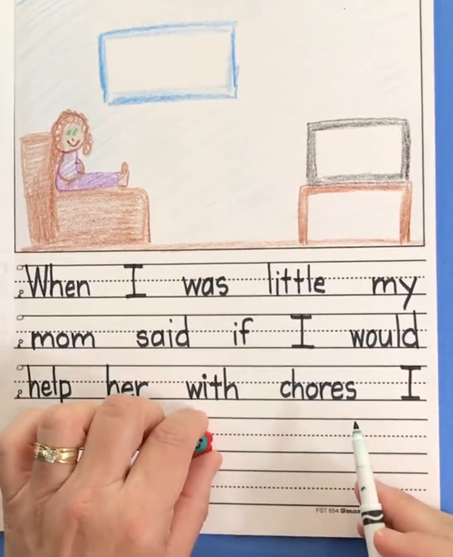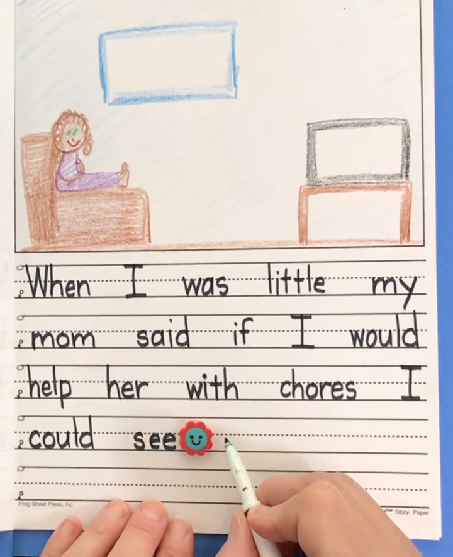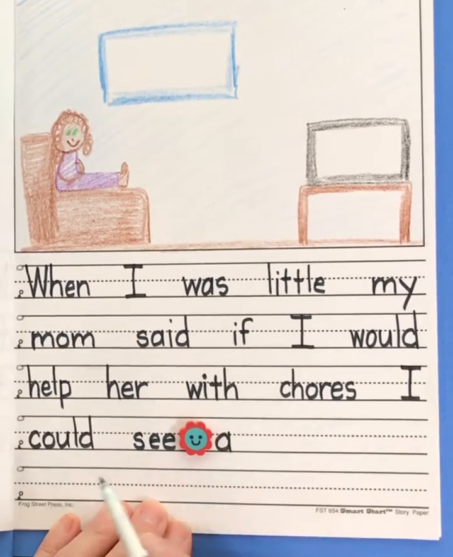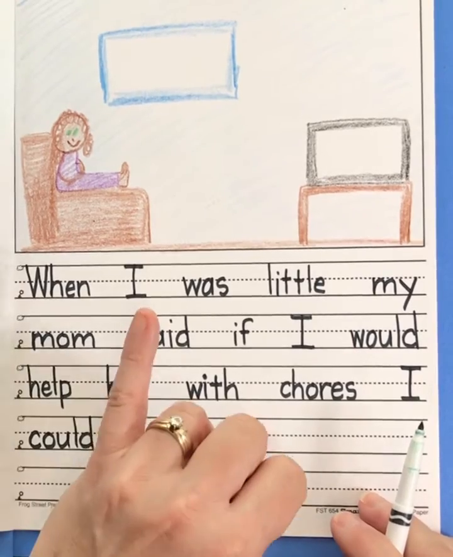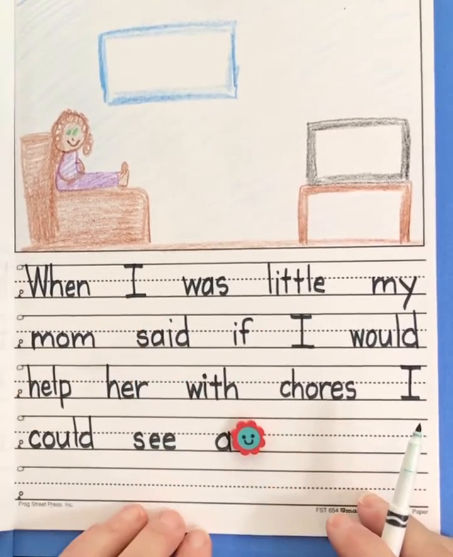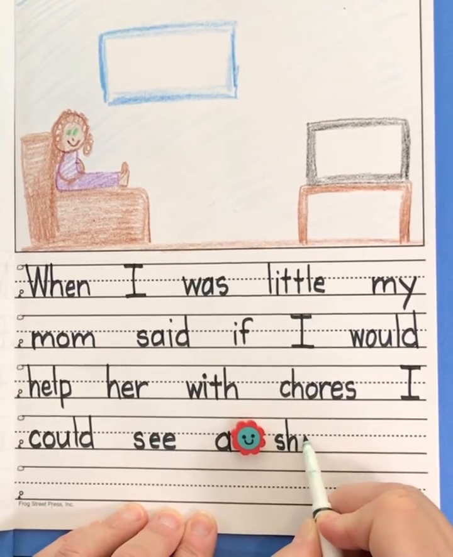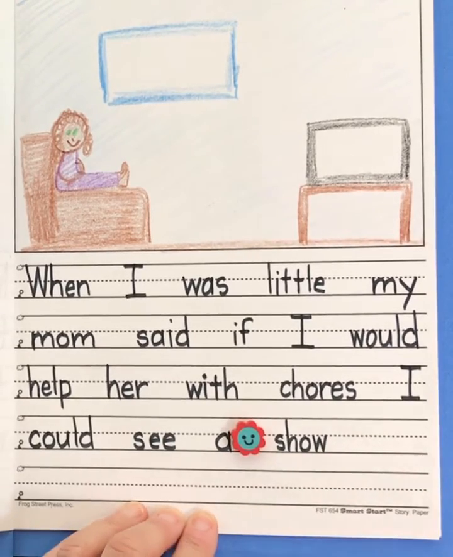I could see a. A is only one letter. Do I make it capital? Nope, I don't. Only I is a special word that always gets capitalized. A would have to be at the beginning of a sentence to be capitalized. I could see a show. Very good. Sh, O. Only 2 sounds in show. Sh is S-H. O will have a W that we do not hear to make the O say its name.